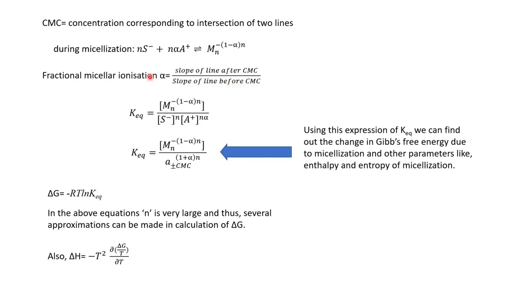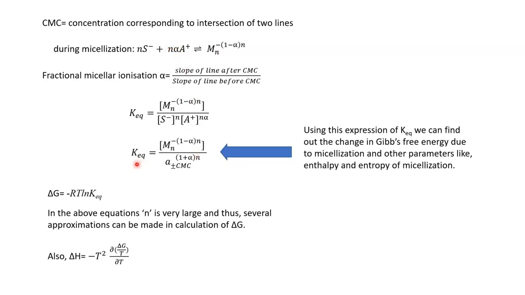Now from this equilibrium expression, we can calculate the K equilibrium if we know the concentrations of these species, and we know these values, the n alpha and this concentration. Then K equilibrium can be given as the micelle concentration divided by surfactant concentration raised to the power its coefficient, that is n, multiplied by the ion concentration raised to the power n alpha, that is the number of ions getting adsorbed on the micelle surface.